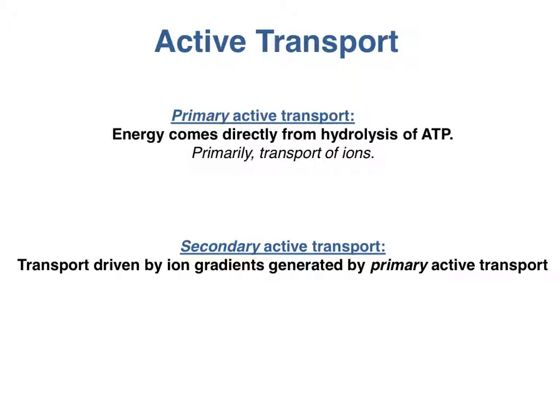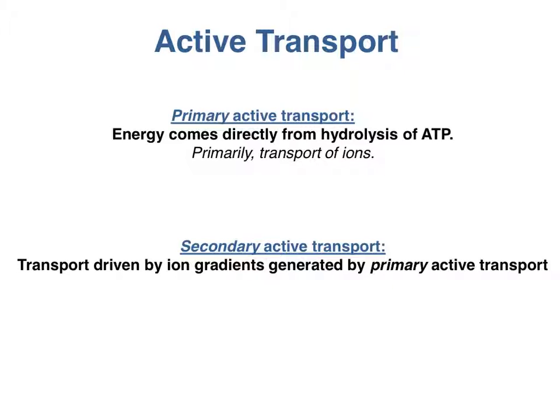Primary active transport is usually transport of ions, and that's where you have a direct breakdown of ATP, driving movement of those ions across the membrane. Secondary active transport uses concentration gradients that are set up by primary active transport in order to drive movement of another molecule across the membrane. I'll give you an example in a minute of what I mean by that.